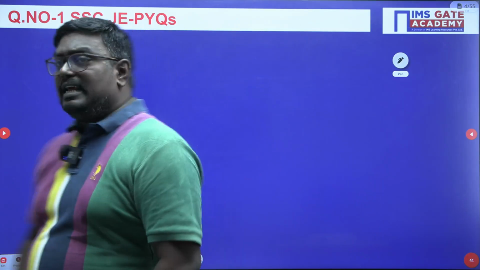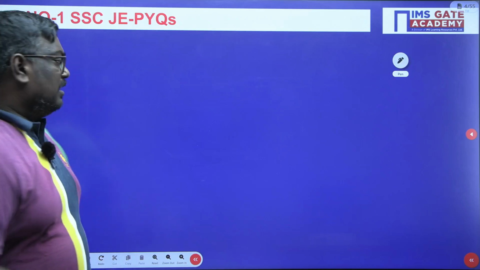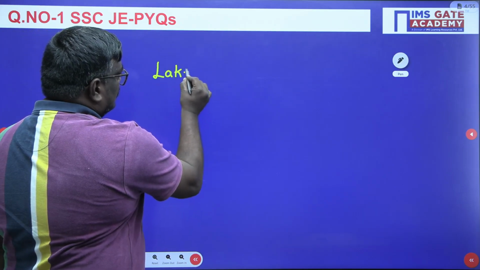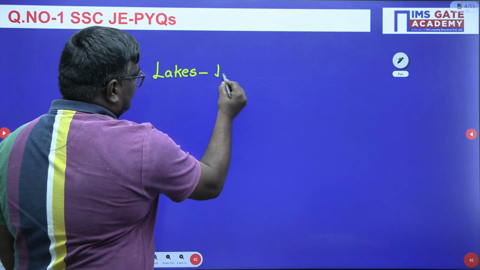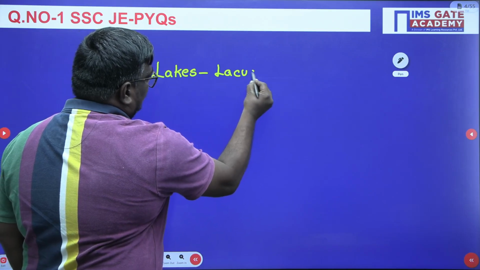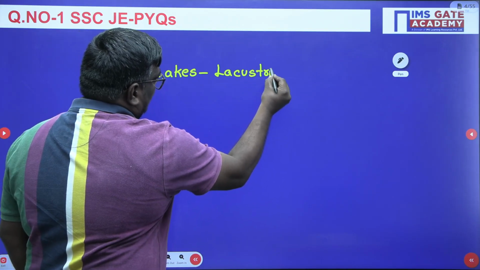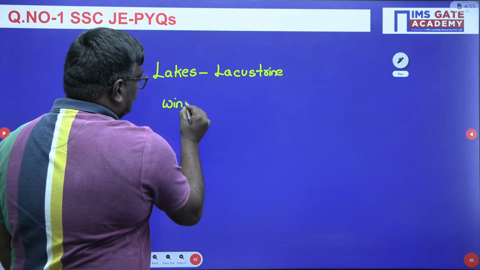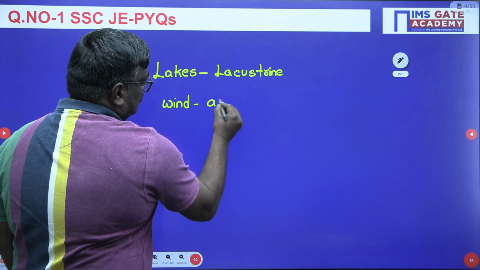Now see students, there can be questions on this in different ways. Soils which are transported by lakes, we call lacustrine soils. Soils which are transported by wind, we call aeolian soils.